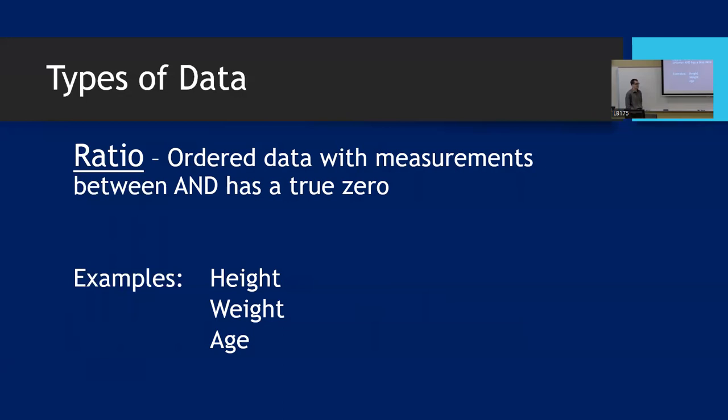You can't be negative weight. Can't be negative height. That makes sense? So you always start at zero with your measurements. So no individual is going to be 0 inches tall, but we understand that height has a starting point, a 0 on the scale. Weight has a 0 on the scale. All right. Age has a 0. Time of your birth, right?